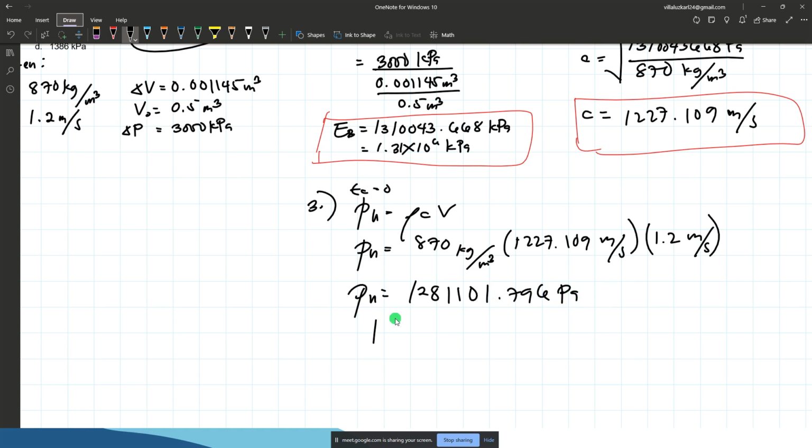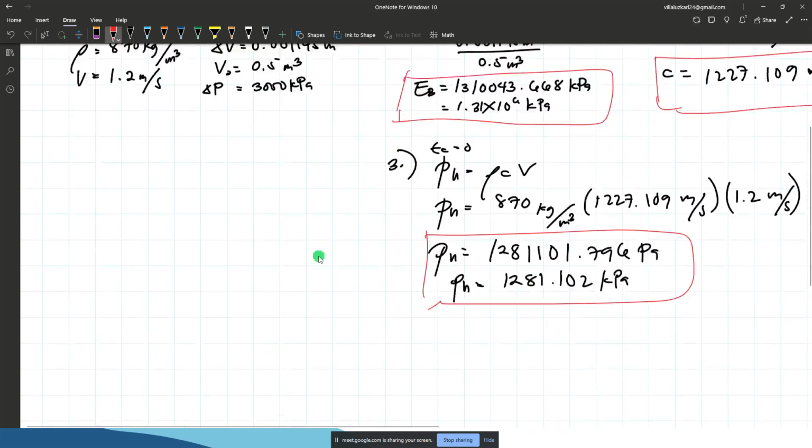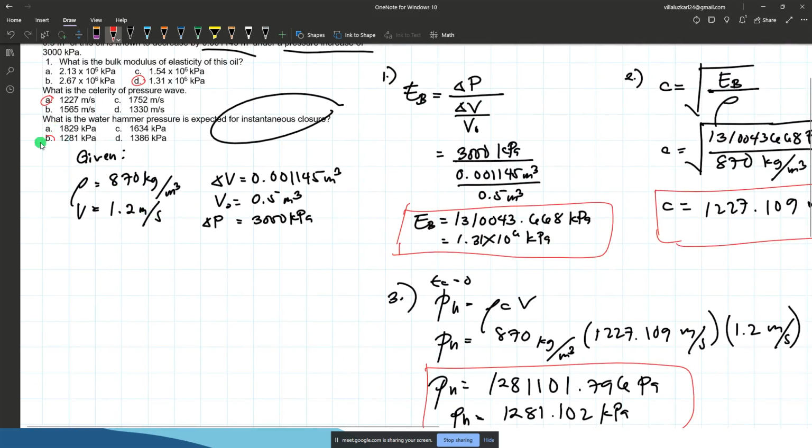If this is in kilopascal, just divide it by 1000. 1281.102 kilopascal. That's your answer for number 3. 1281, letter B.